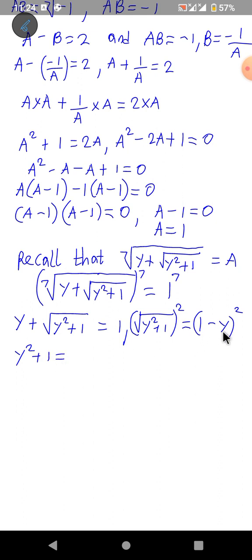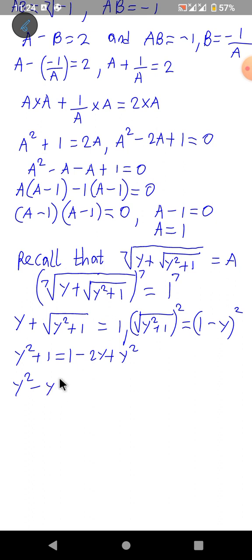Then I will have to expand this. Upon expansion of this, I got 1 minus 2y plus y squared. Then next step, I'm going to take everything in the right hand side to the left hand side. So, y squared, I'll take it close to this one.